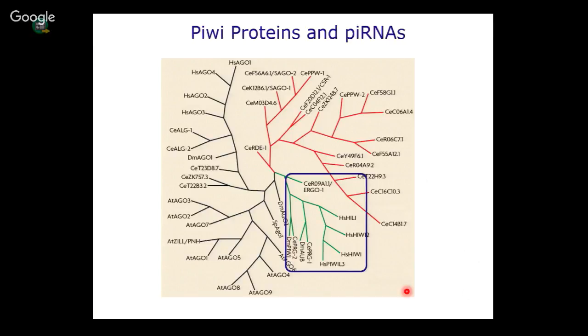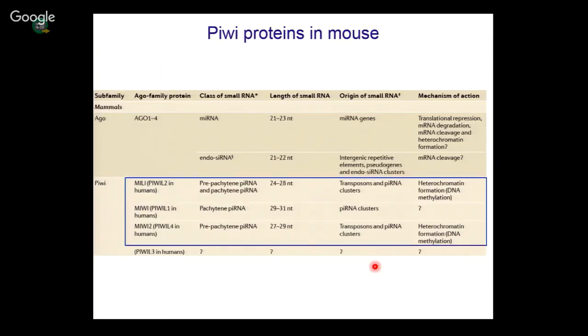So I think I'm probably going to skip the PIWI protein and the piRNA part. Just quickly showing, piRNA and PIWI protein are another clade of Argonaute proteins. In mouse, many have been identified in early embryogenesis and spermatogenesis, and there are a couple of PIWI proteins involved in germ cell formation.